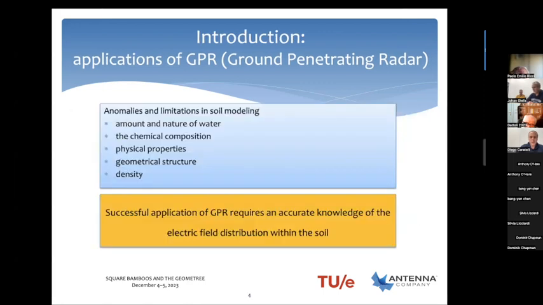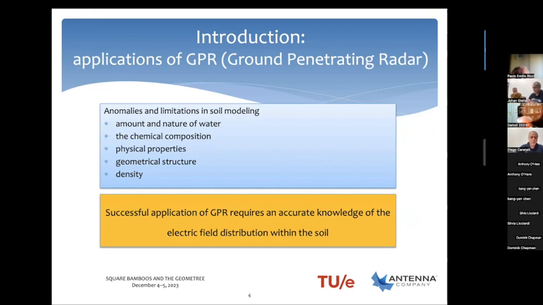In order for a GPR, ground penetrating radar, survey to be successful, it is important to have an accurate knowledge of the electromagnetic wave distribution excited within a specific ground, a specific soil, under RF exposure.